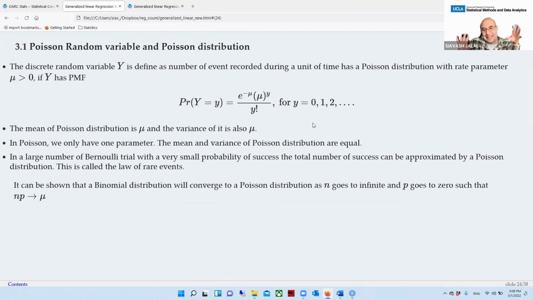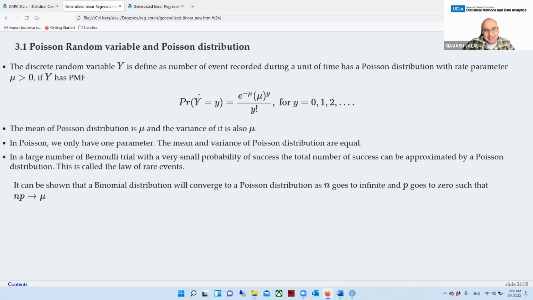There is the PMF, probability mass function, and there is the mu, which is the mean value. Sometimes they use lambda for that. And then here I talk about how the binomial model converges to a Poisson distribution.